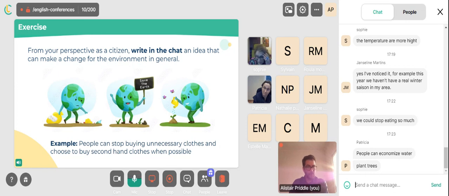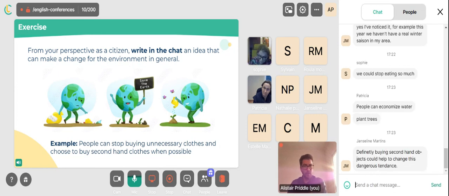There's another one, plant trees. Yeah, we could plant trees. This will help perhaps increase the amount of oxygen and decrease the amount of carbon dioxide. Great. Definitely buying second-hand objects. This could help to change this dangerous habit that we have.